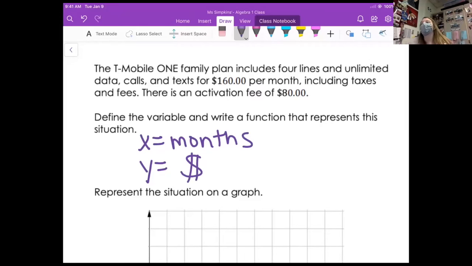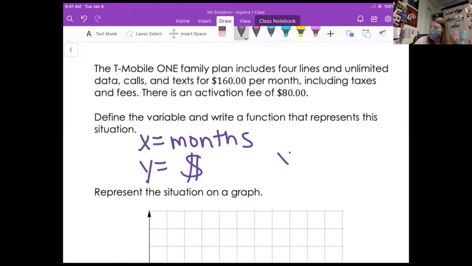How do I determine how many dollars I pay a month? What 2 things are happening to get my total amount? What 2 prices am I paying? I'm paying the activation fee and the $160 per month. So we're going to write an equation.